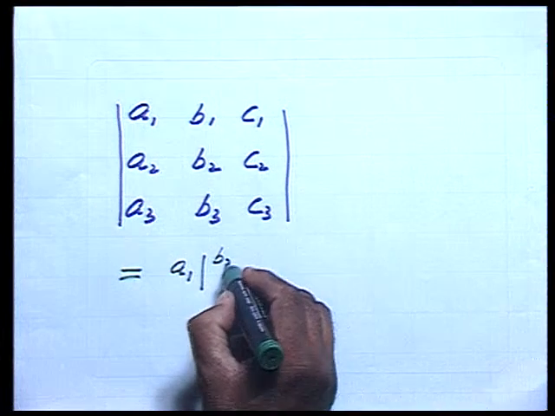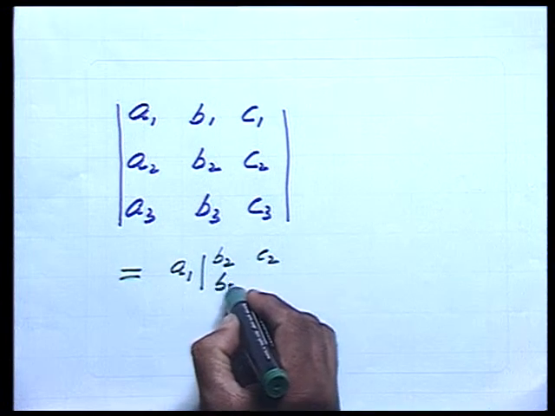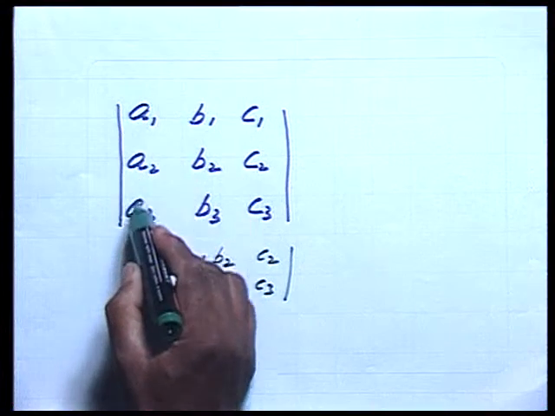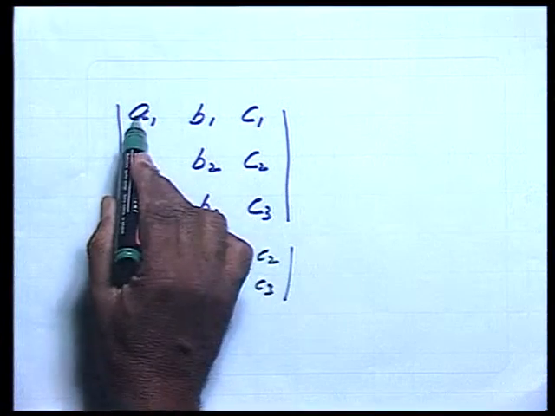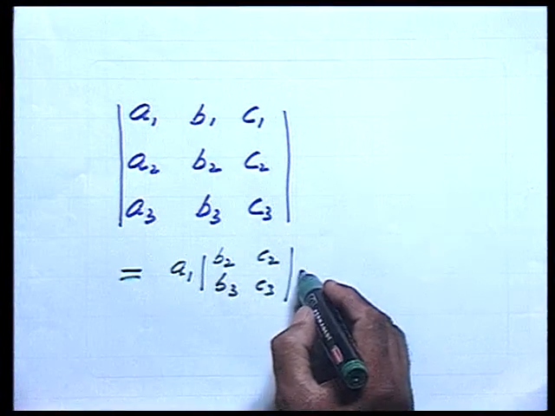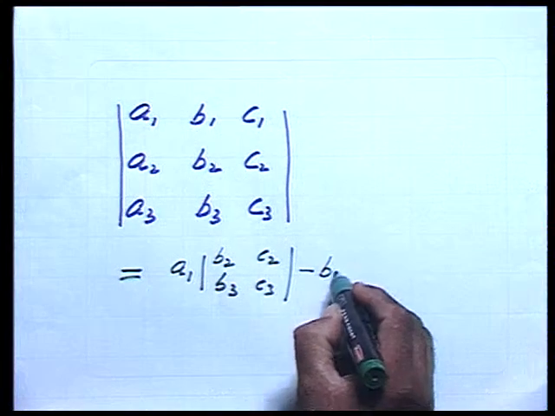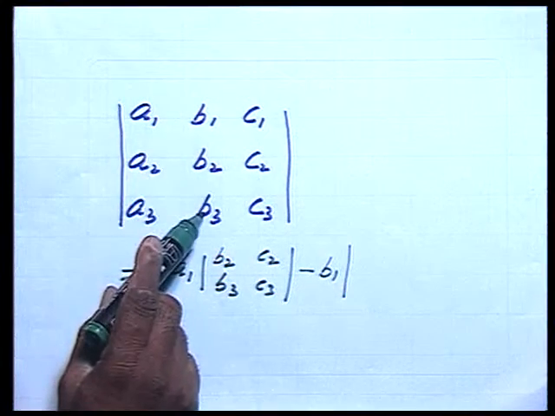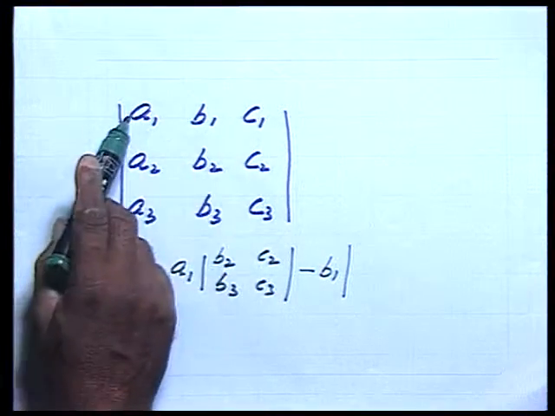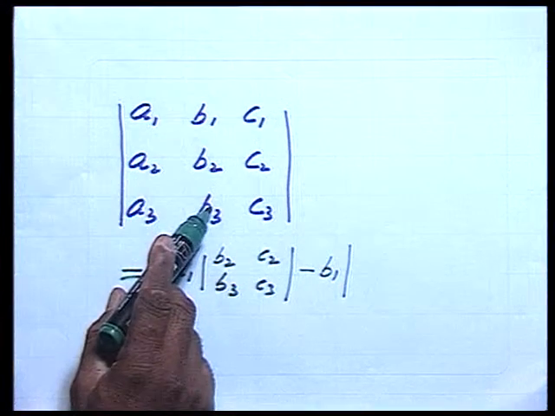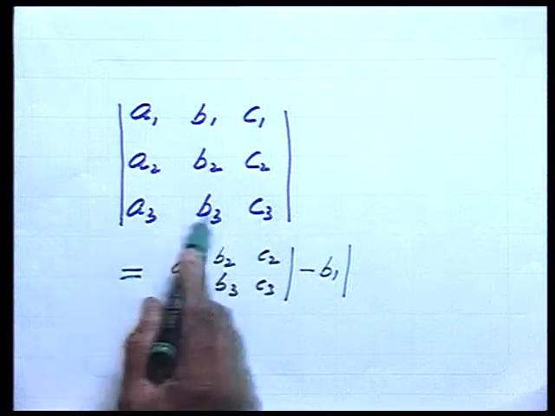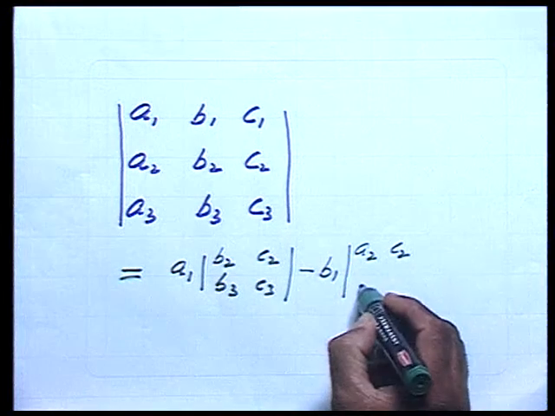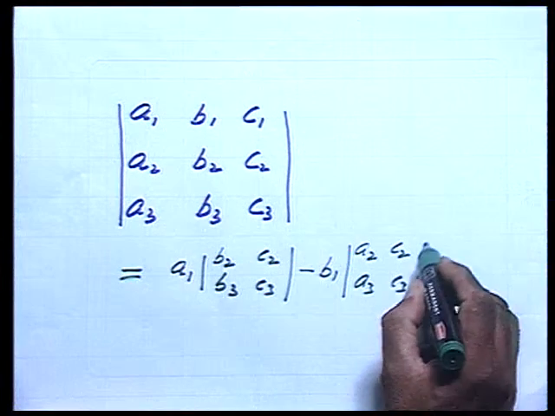This is B 2, C 2, and remember, even there we had given you the idea that you have got to leave this column and this row where this element is coming. Then B 1, leave this column and leave this row. Leaving this row and this column, we are left with A 2 C 2, A 3 C 3.